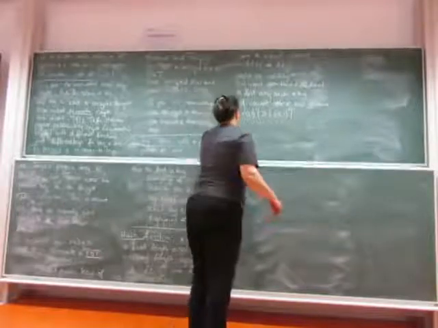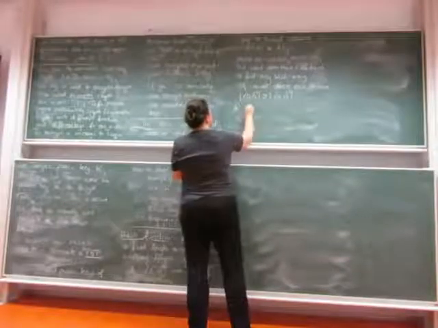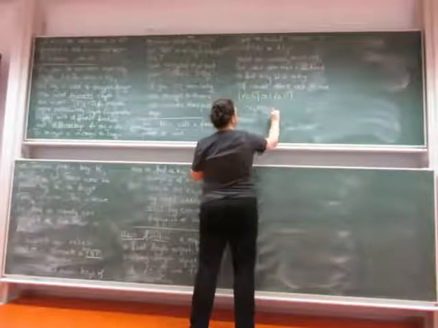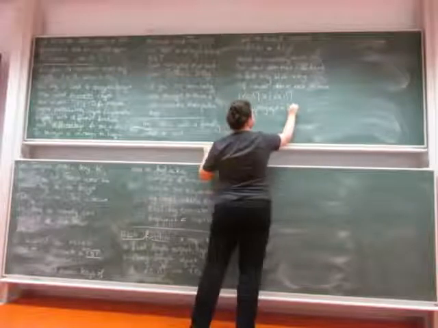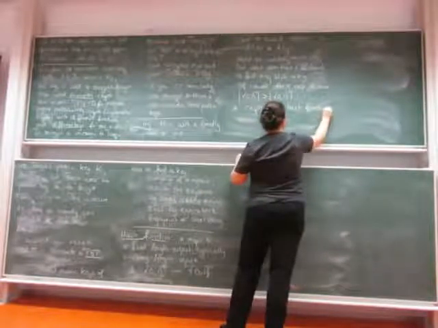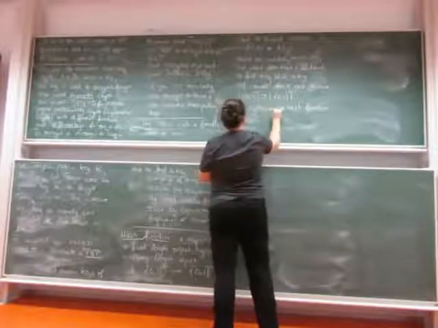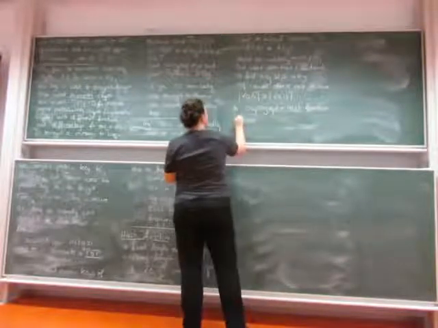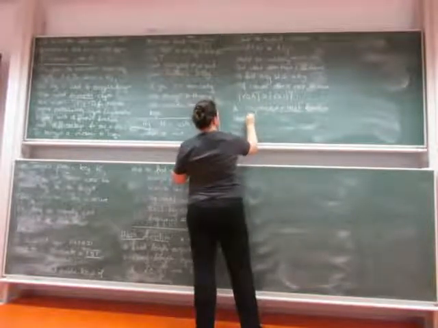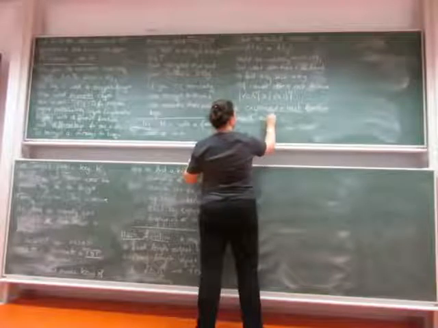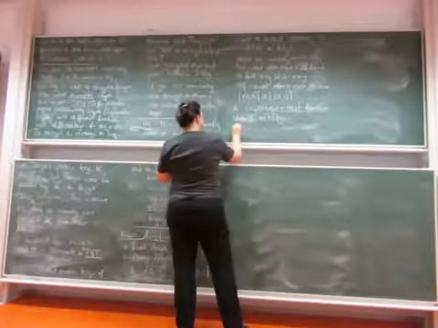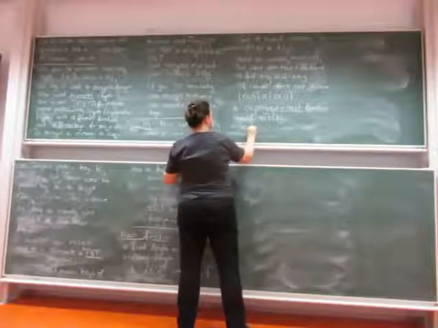So a cryptographic hash function should satisfy, first property is called preimage resistance.